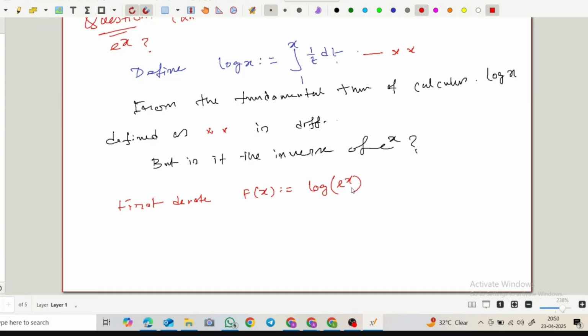We will try to show that this is indeed x. That should be the identity function, right? So let's see what happens. So f of x by our definition, log e to the power x, is the integral from 1 to e to the power x of 1 by t dt.